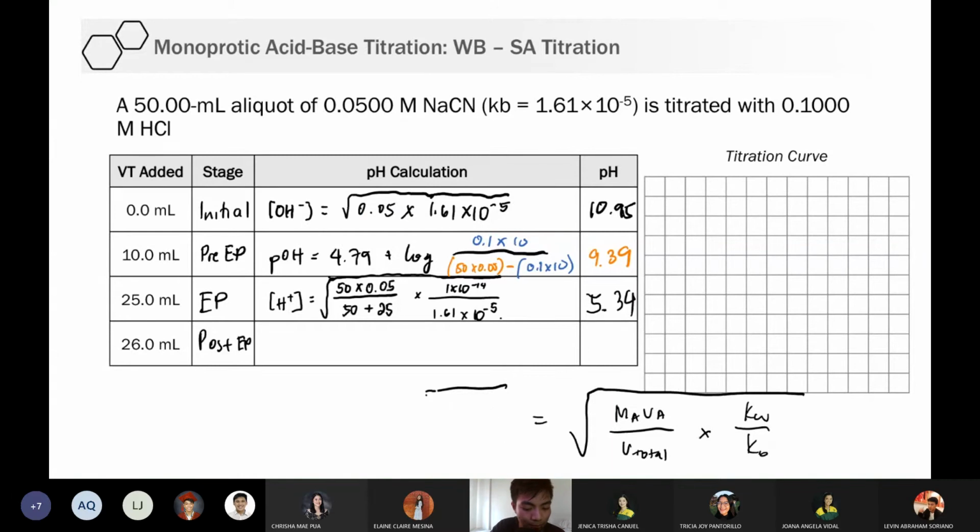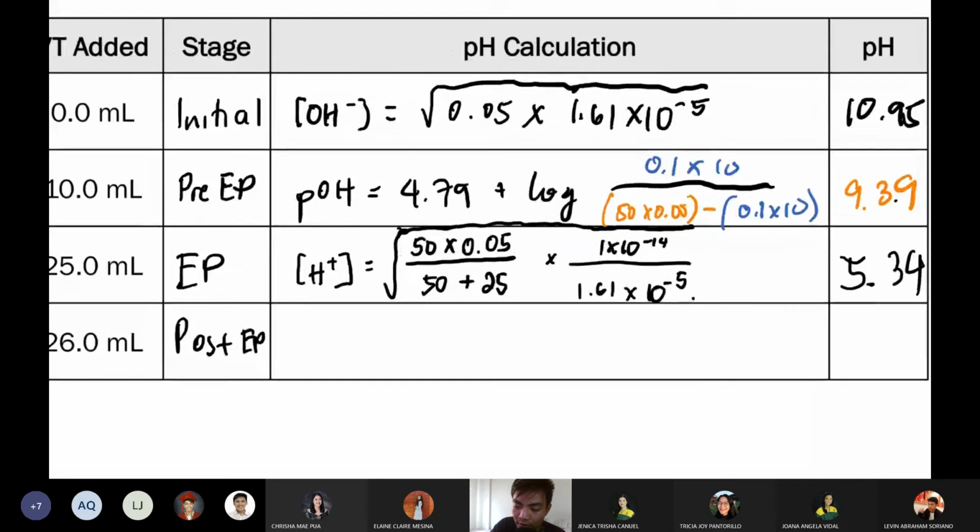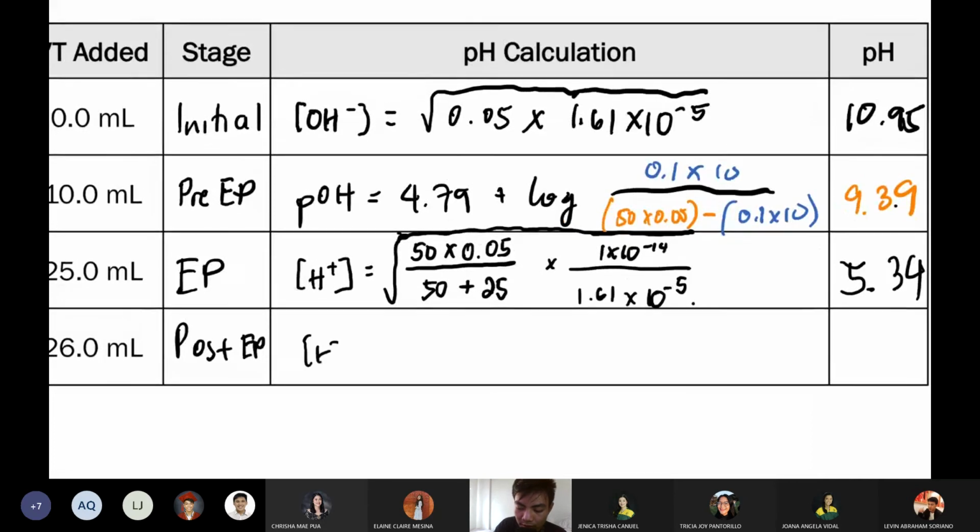So, yan. Post-endpoint, post-equivalence point. Excess acid na lang to. Nga pala, acid yung titrant natin. So, let me zoom in. Okay, so that's H plus equals Vt minus Vtep times the concentration of the acid divided by the total volume, volume analyte plus volume titrant.